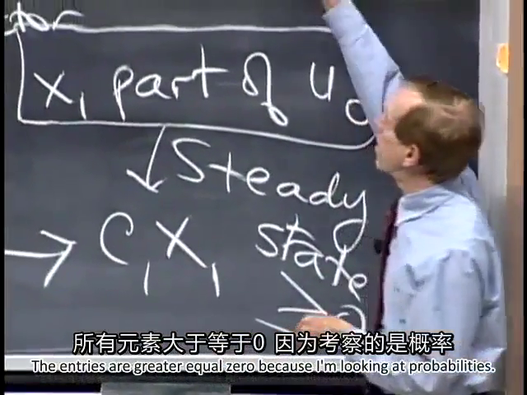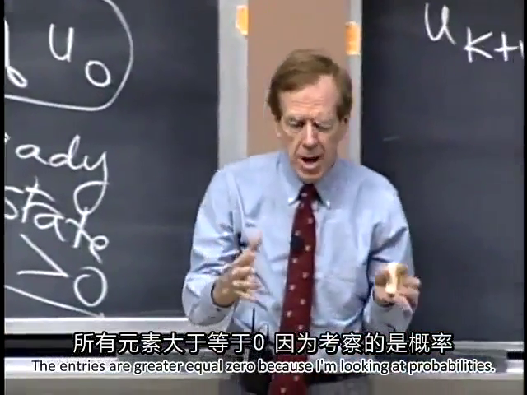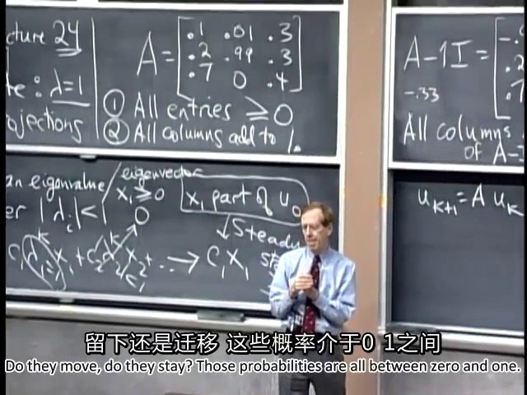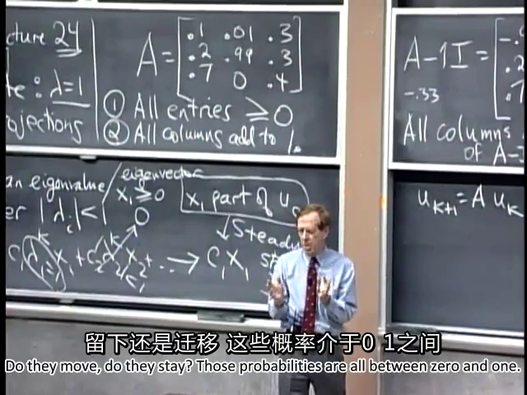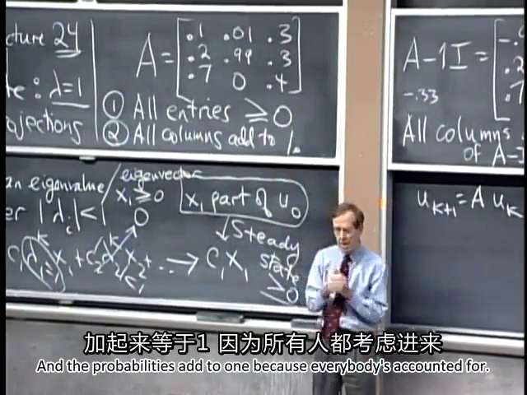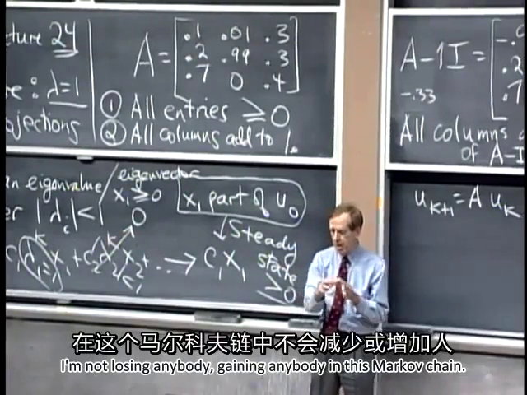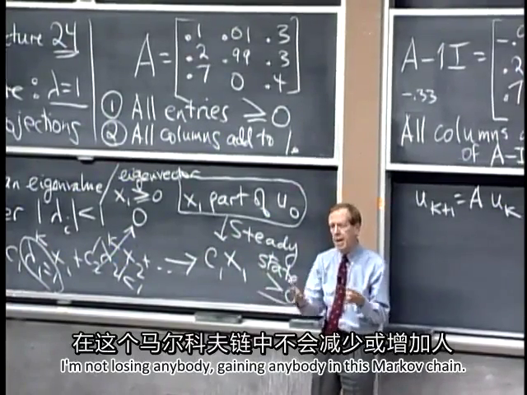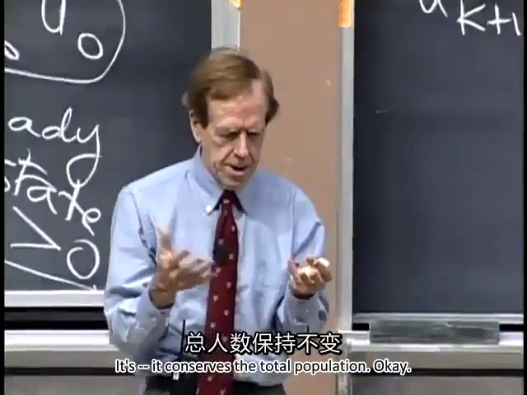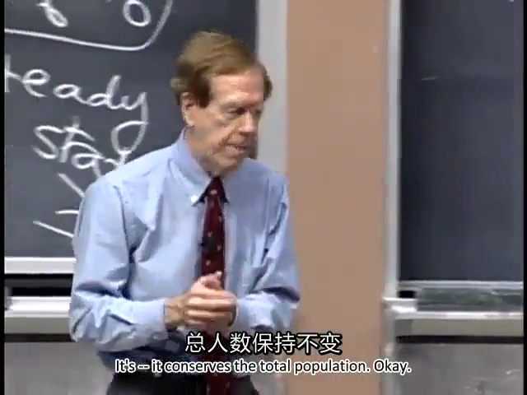The entries are greater or equal 0 because I'm looking at probabilities. Do they move? Do they stay? Those probabilities are all between 0 and 1. And the probabilities add to 1 because everybody's accounted for. I'm not losing anybody, gaining anybody in this Markov chain. It conserves the total population.